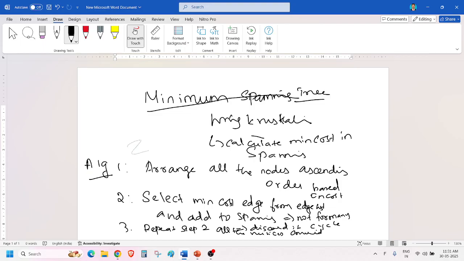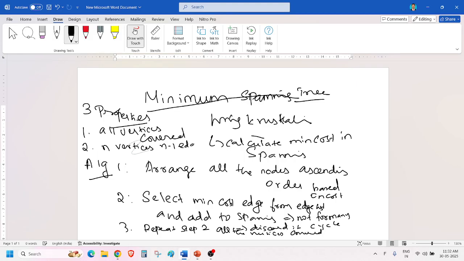I'll explain what is meant by vertices and what is meant by edges while we are solving the problem. Once again, 3 properties should be satisfied. First, all vertices covered, which I have said in the algorithm. Second, n vertices should be there, and n minus 1 edges should be there.